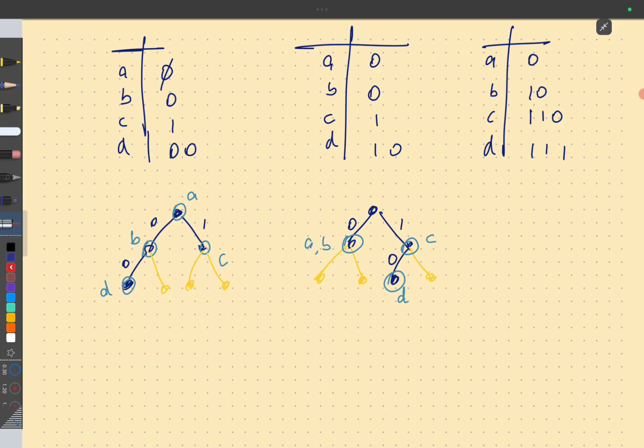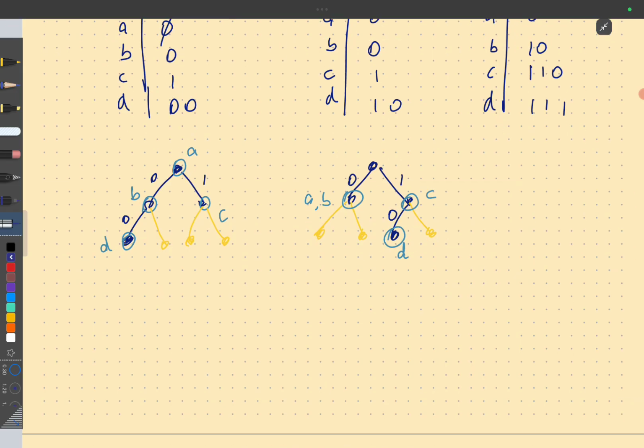Here is an example of a non-singular code. This is non-singular and it's prefix free, and all of them are the leaves.